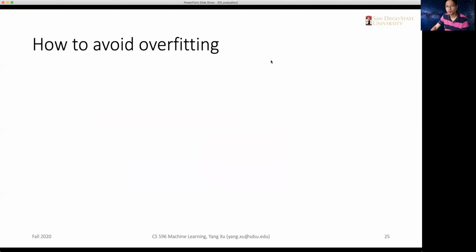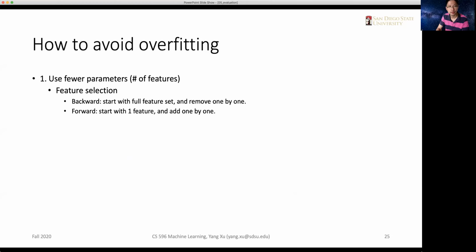Okay, so now it comes to the problem of how to avoid overfitting. Of course, we can always use fewer parameters, and we can use feature selection to decide how many features we want to use.